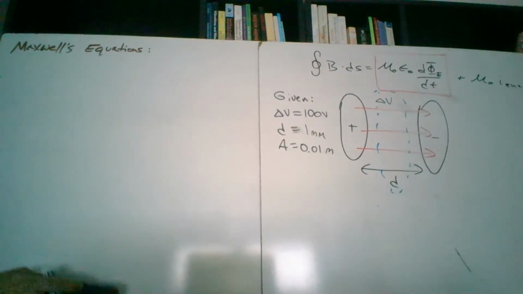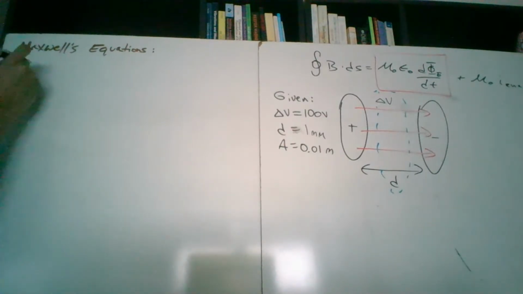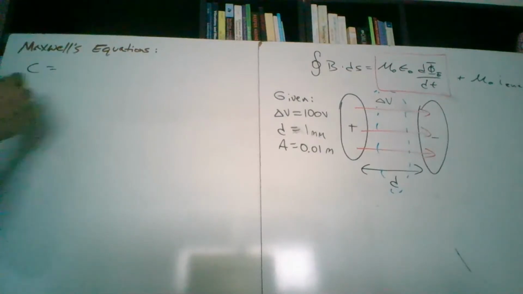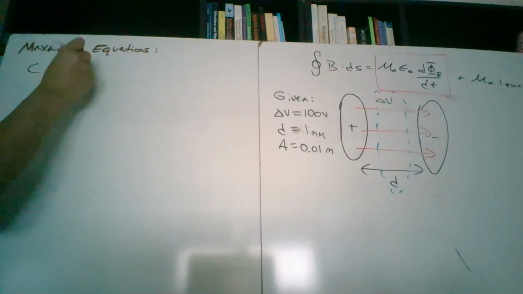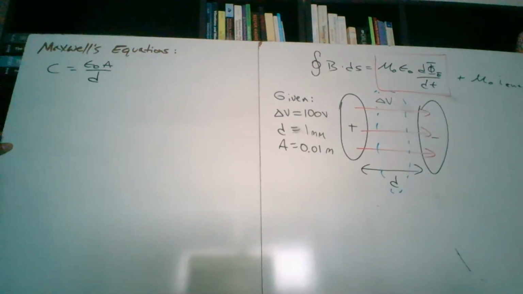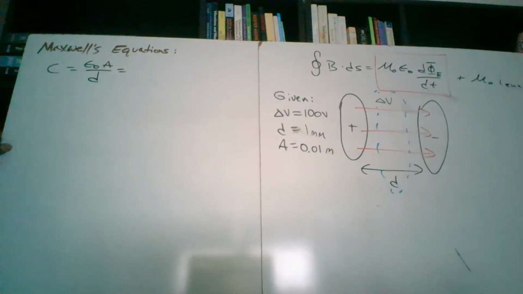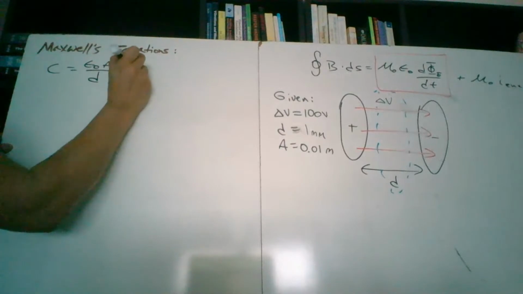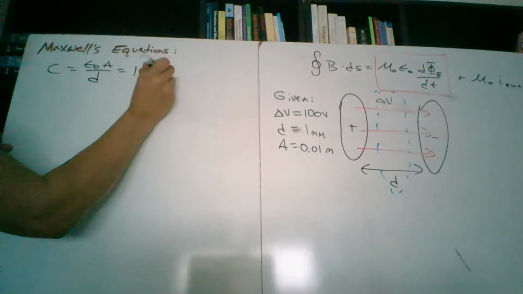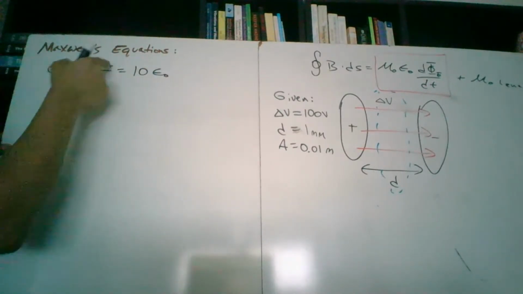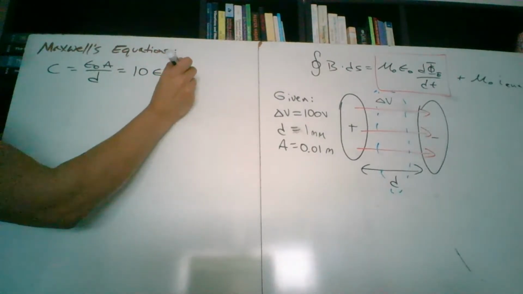One thing we can solve for is the capacitance for a parallel plate. The capacitance is given by epsilon naught times the area divided by the distance between them. So the capacitance is going to equal 10 epsilon naught. We'll leave it in terms of epsilon naught, so 10 times epsilon naught in meters.